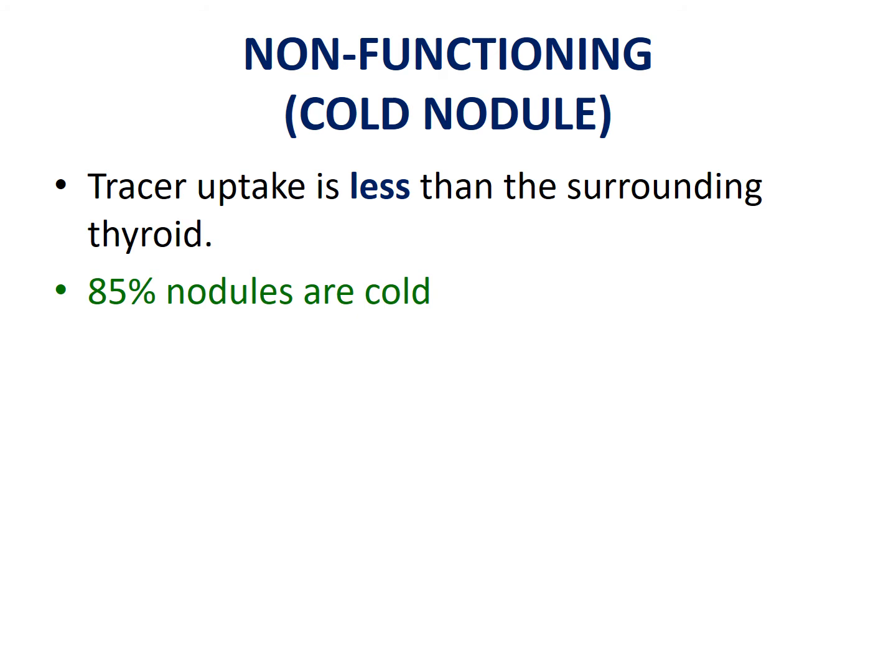A cold nodule is the one where the tracer uptake is less than the surrounding thyroid. And 85% of the nodules are cold. And these are the ones where we need to have raised alarms, because these are the ones where there is an increased risk of malignancy.